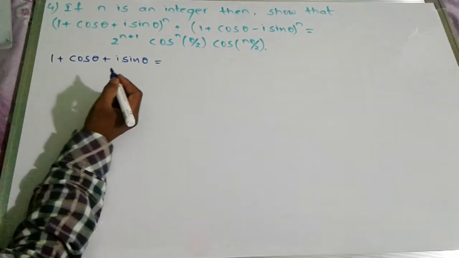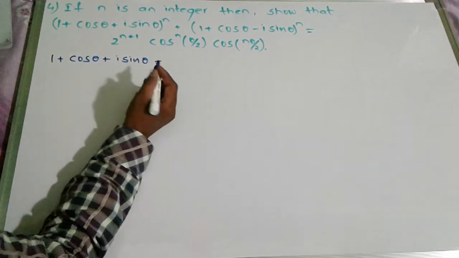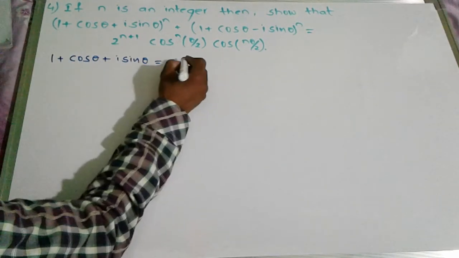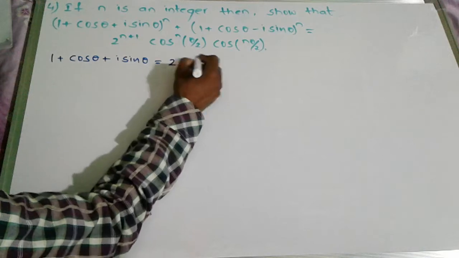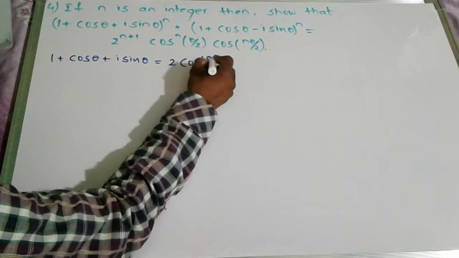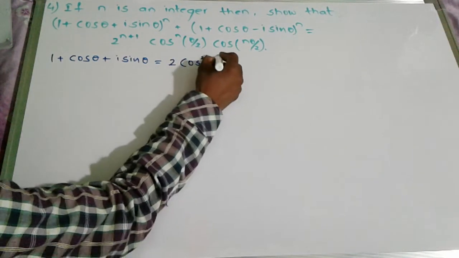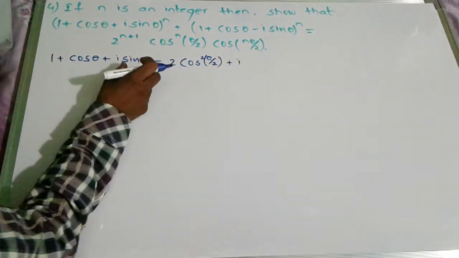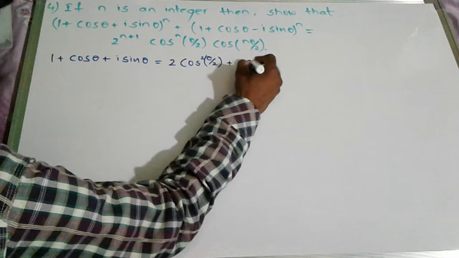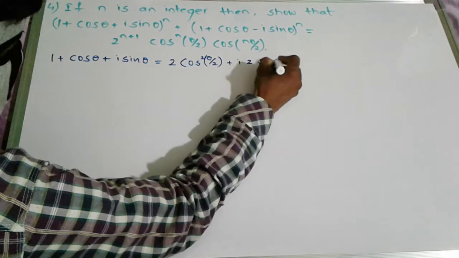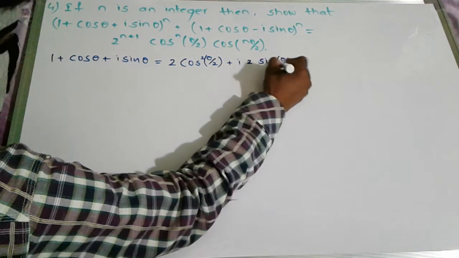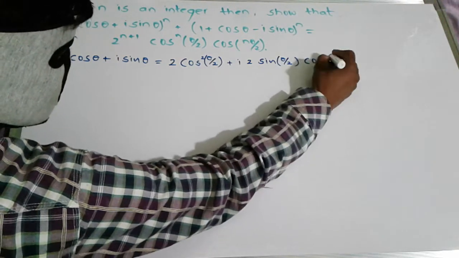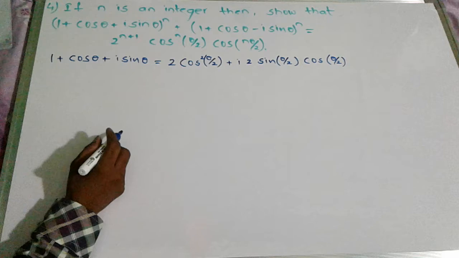So according to trigonometric formulas, we have 1 + cos θ as 2 cos² θ/2 plus this sin θ as 2 sin θ/2 cos θ/2, right?